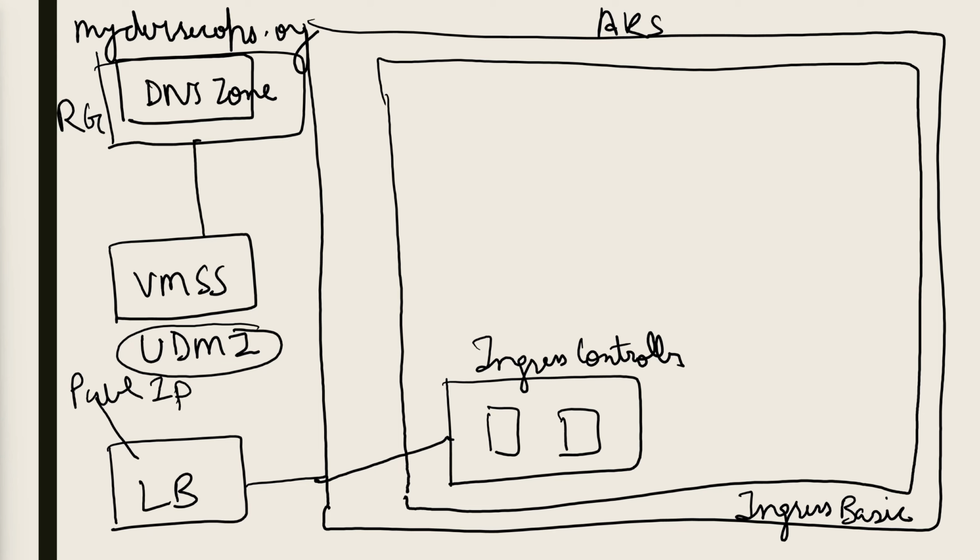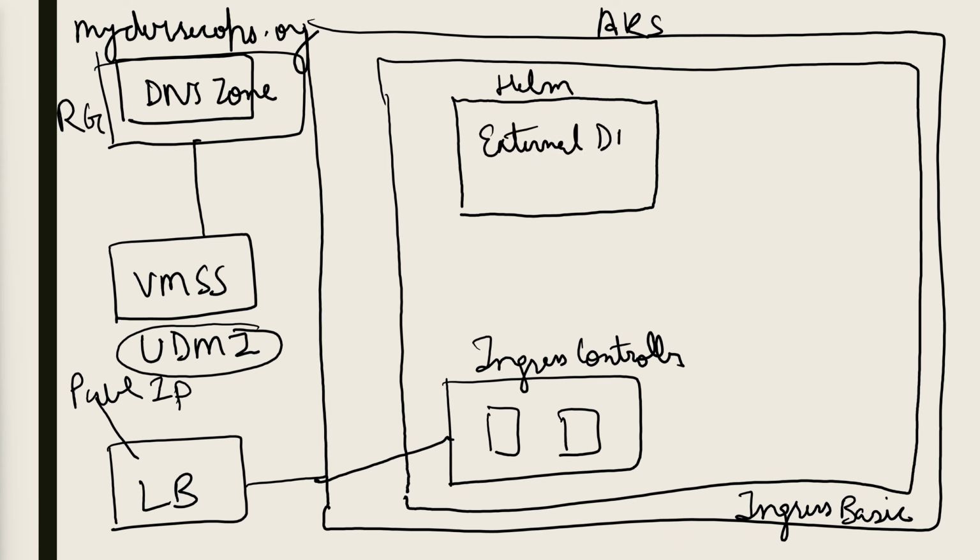Once the Ingress controller is created and its pods are up and running, then we'll create the external DNS using the Helm. And this will create the external DNS pod and service. Now these two services can fulfill what we want to achieve in this video, but I'll add the certificate manager to make our web pages more secure.